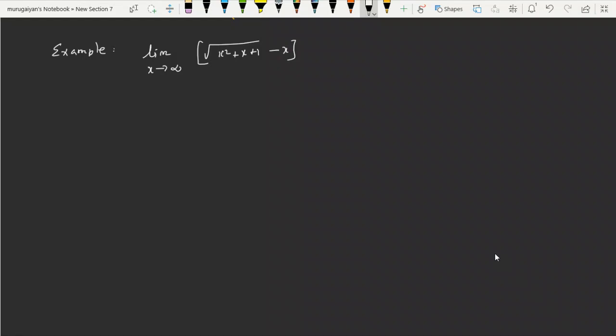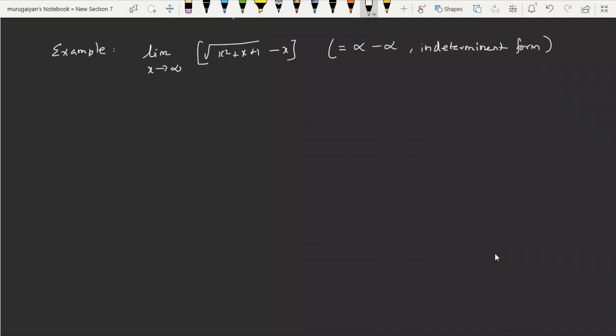Dear student, if you apply the limit straight away for x infinity, under the square root infinity, root of infinity, infinity, and another infinity. Remember, the difference of two infinity terms is in indeterminate form, not zero, because they are different infinities.